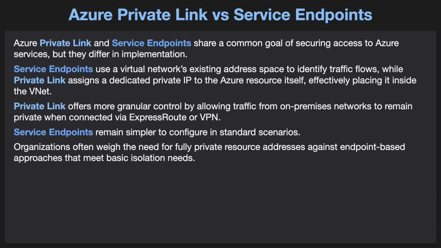Private Link offers more granular control by allowing traffic from on-premises networks to remain private when connected via ExpressRoute or VPN. Service endpoints remain simpler to configure in standard scenarios. Organizations often weigh the need for fully private resource addresses against endpoint-based approaches that meet basic isolation needs.